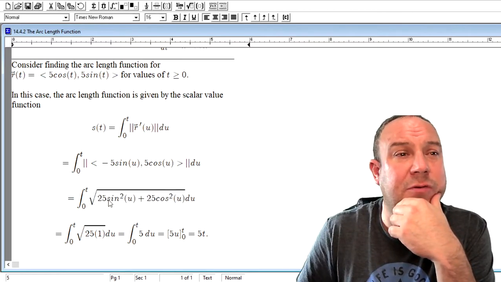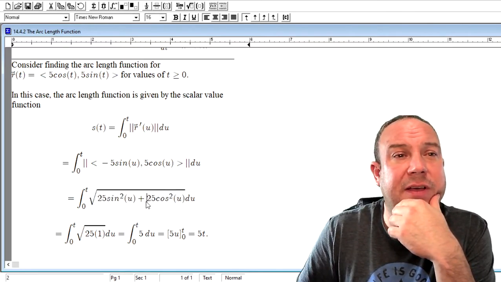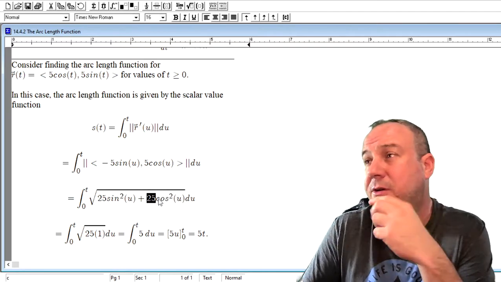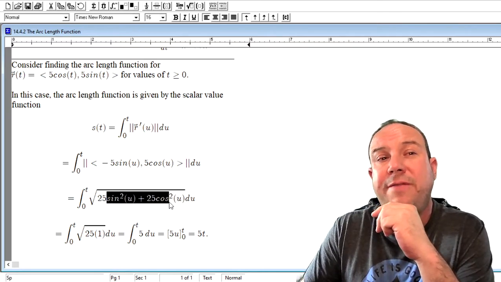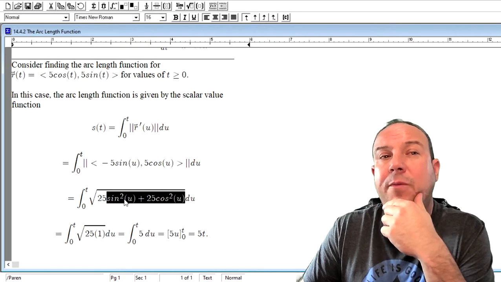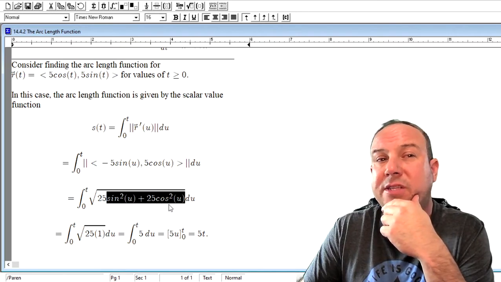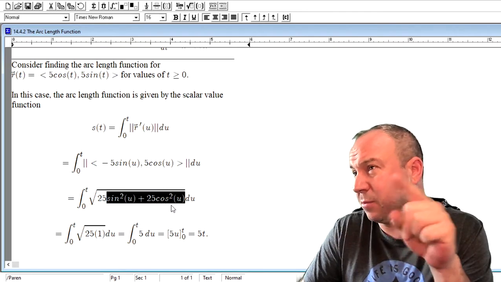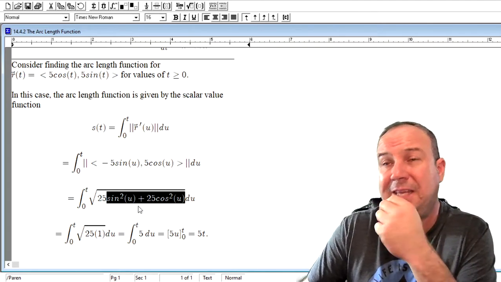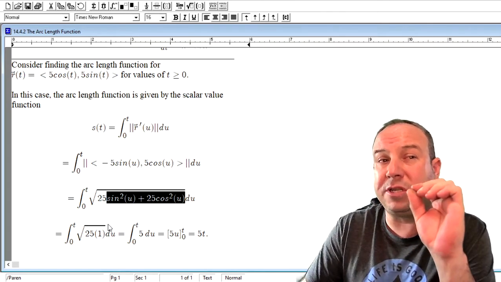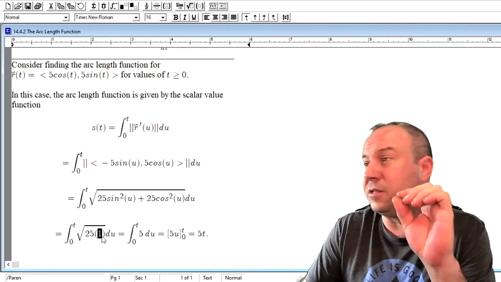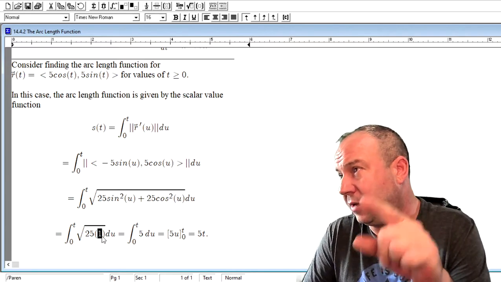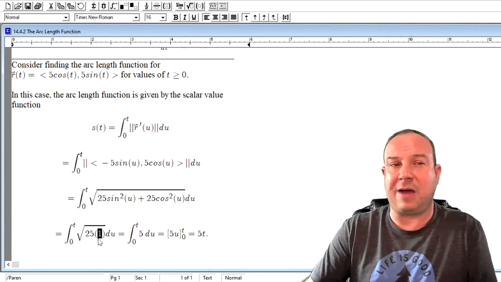But here, what we do notice is I have these two terms with a common factor of 25, where if I factor that out, I will be left with sine squared u plus cosine squared u. Based upon my Pythagorean identity, I know sine squared u plus cosine squared u is equivalent to 1, and we see that 1 given down below here.